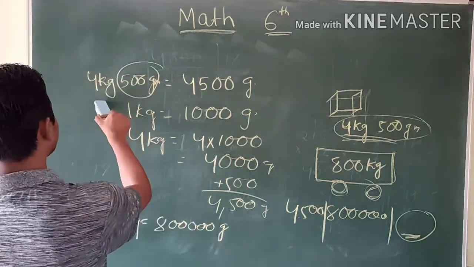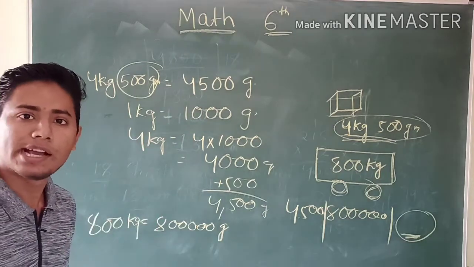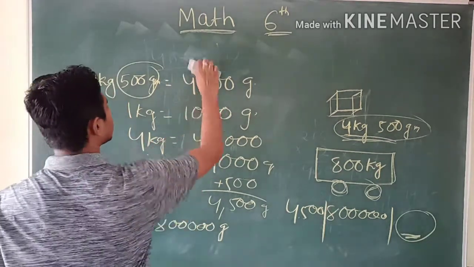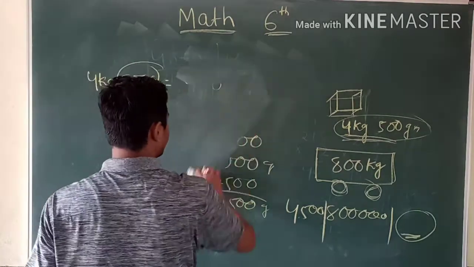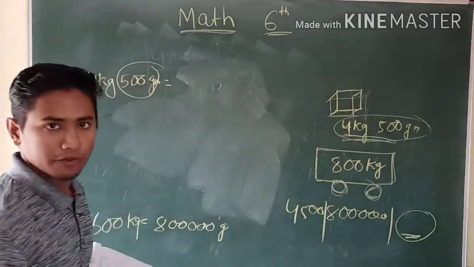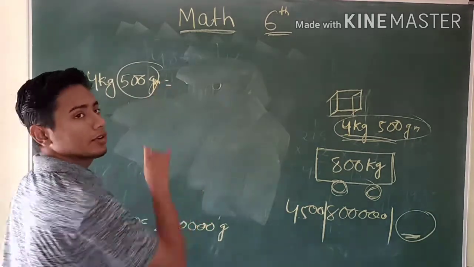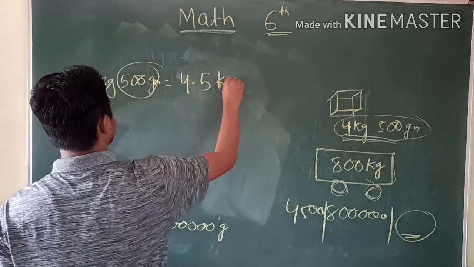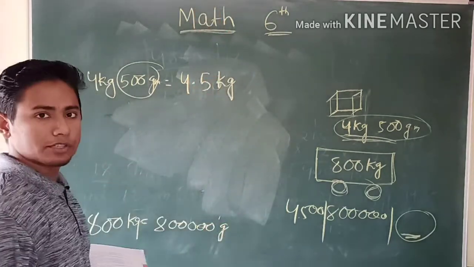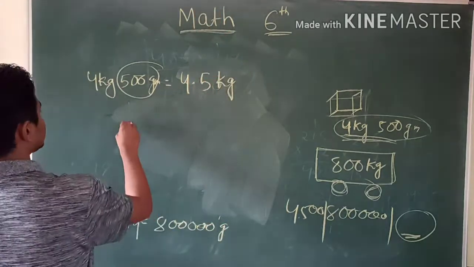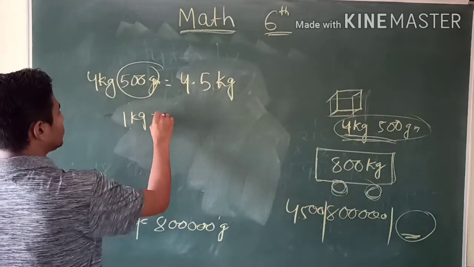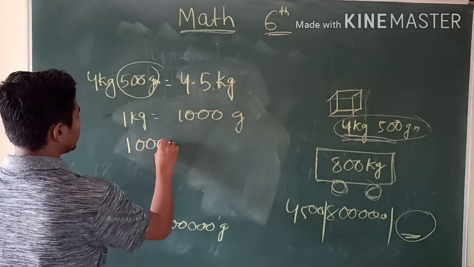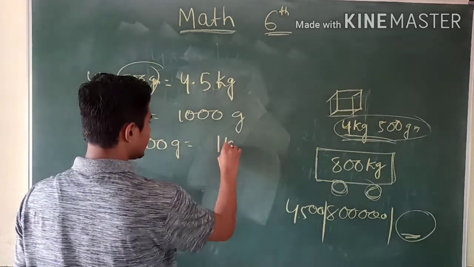Now I convert 4 kg 500 gram into kg. All of you write this. 4 kg 500 gram into kg, that is 4.5 kg. All of you understood? Because 1 kg equal to 1000 gram. 1000 gram equal to 1 kg.